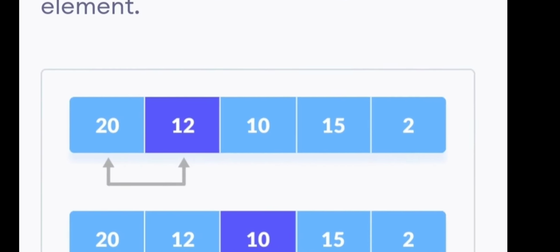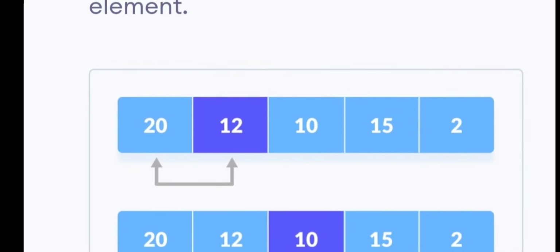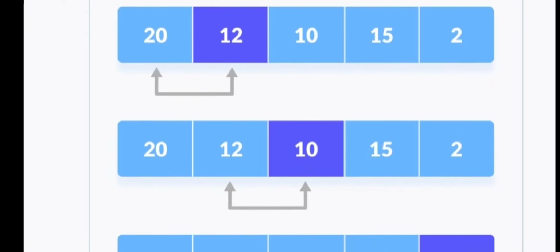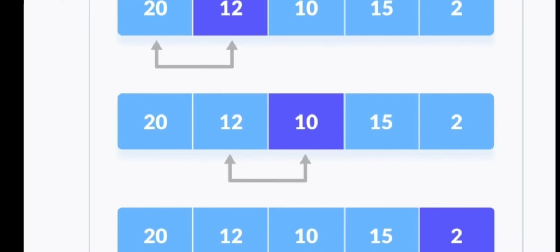See here, 20 is compared with 12, right? This thick green shows the minimum element always. You assume 20 is the minimum, but when we compare 20 and 12, 12 is the minimum. So we change the minimum element to 12 and compare 12 and 10.